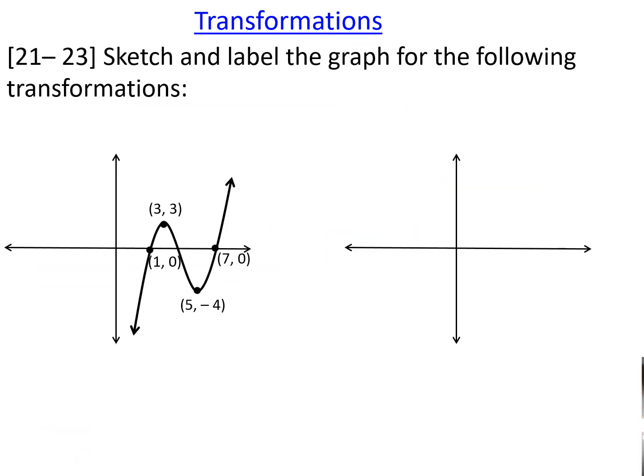Weird. Okay, my last couple here are going to be to perform transformations on this graph right here. Let's go to my pen. On this first one here, it wants everything to move to the right, no, left 13.